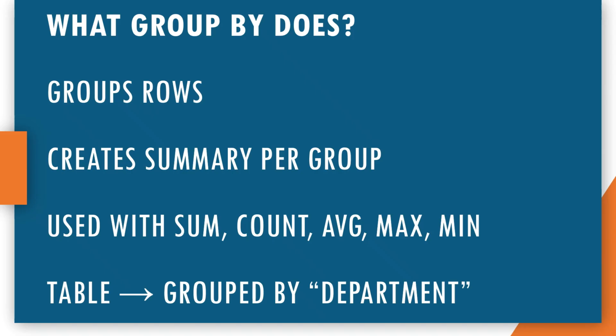So instead of showing every single sale, it shows something like total sales per department. It's important to remember that group by doesn't filter rows, it just organizes them into groups. And after grouping, the database treats those grouped results differently. This is what makes having important.